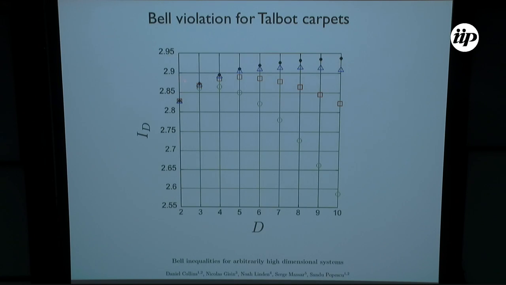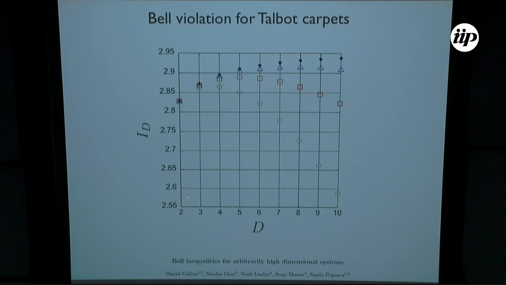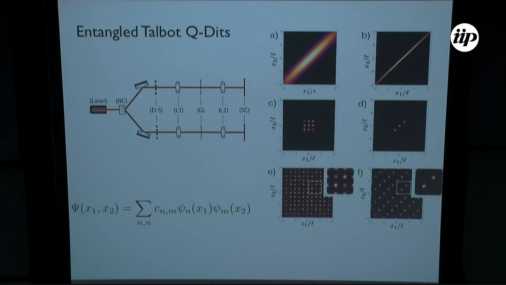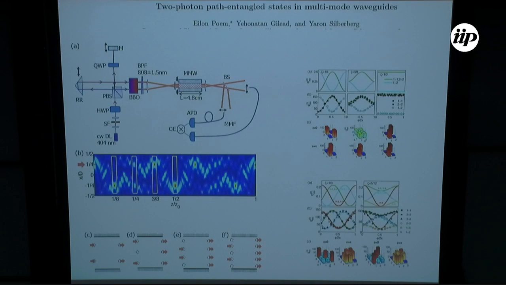So we start with an initial correlation like this or like this, and then we calculate these Bell inequalities as a function of the dimension, and we observe this behavior. This is initially a less correlated state, and this is the maximally correlated state. So this is a violation of the local value of 2, and this is how the Bell violation works.